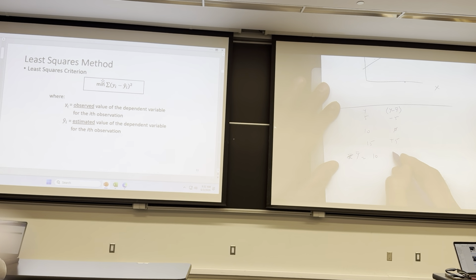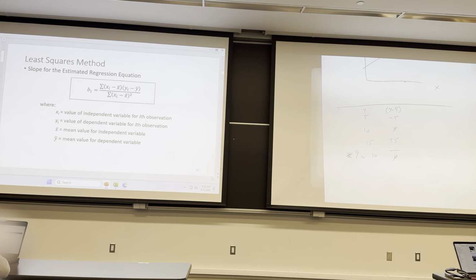When I add them, the answer is 0. Are you telling me that there are no errors? There are big errors, but the negative errors cancel out the positive errors. So that's why you're getting an answer of 0. So we don't sum the errors, we sum the squares, because if we sum the errors, the answer is just going to be 0.